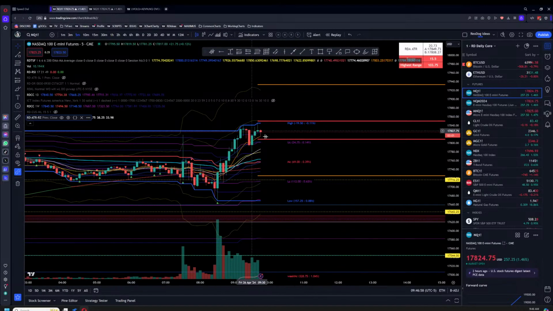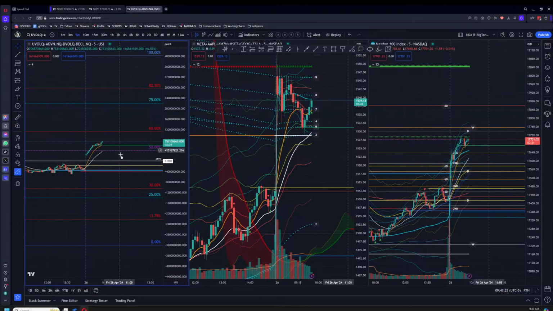So the red is the ATR. And the orange is the highest. So there we go. I didn't know that. I need to look at the internals again.